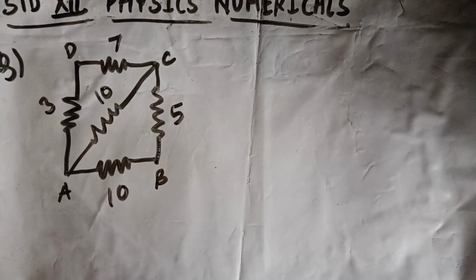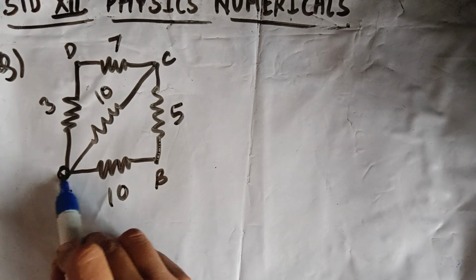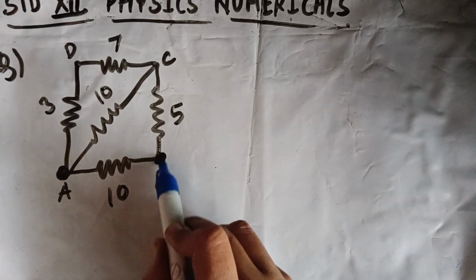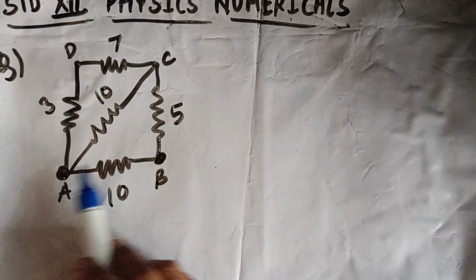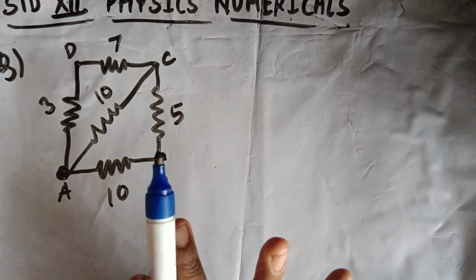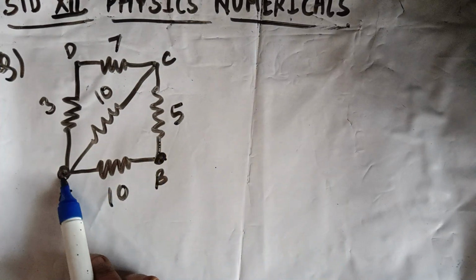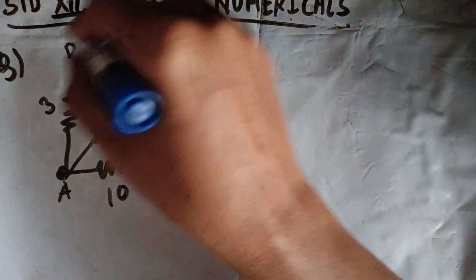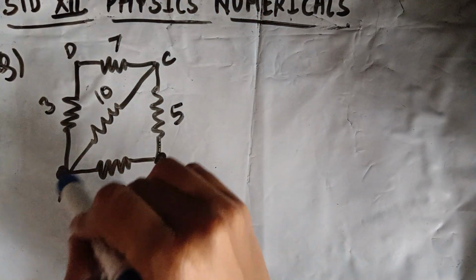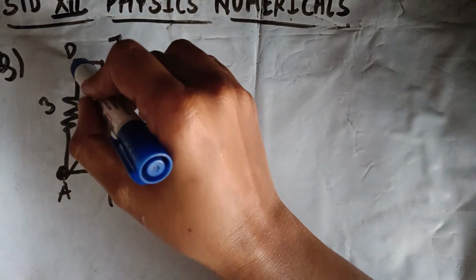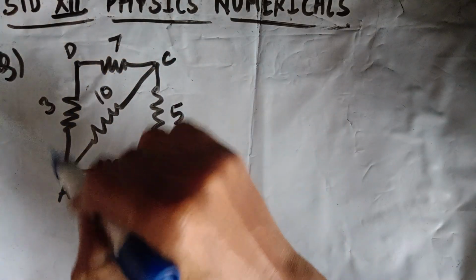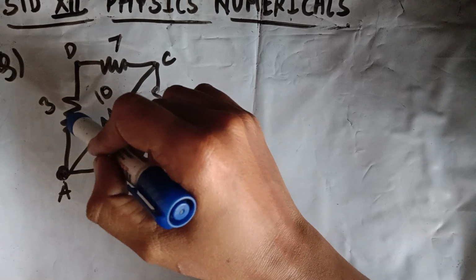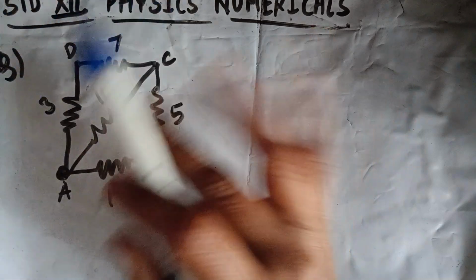Next question. We have to calculate the equivalent resistance between points A and B. Between these 2 points, we have to calculate the resistance. So you have to keep this resistance as it is. Just solve all these resistances. We can start from this part, that is ADC. These two resistances are in series, correct?